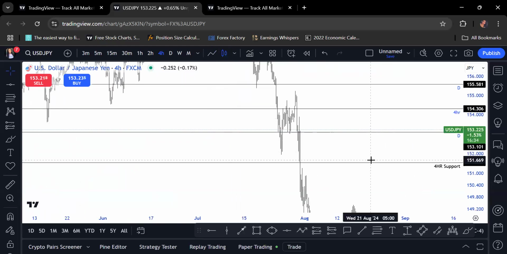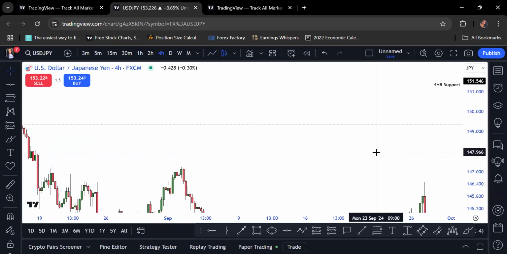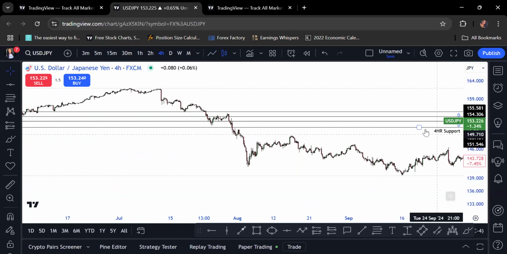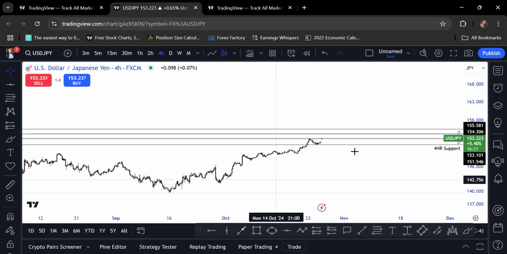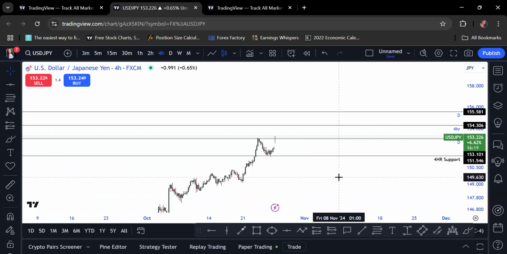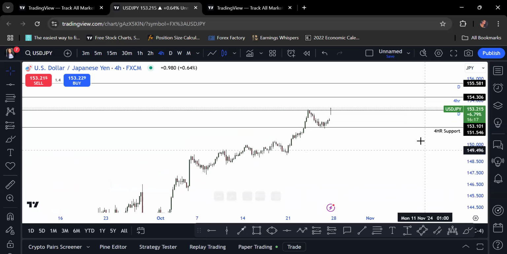All right, so we have that, and then let's go back to where price is at. Let me lock this so it doesn't move. All right. So for our daily, we did look at market structure.